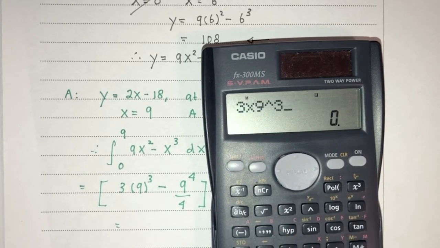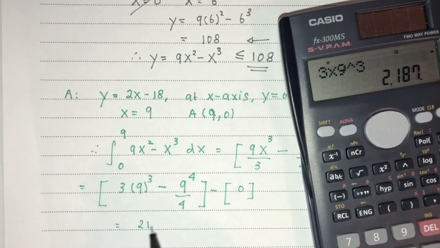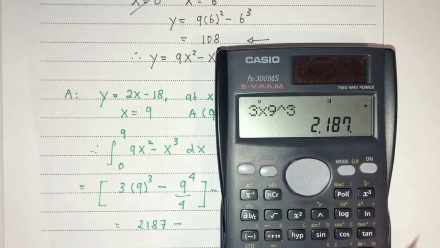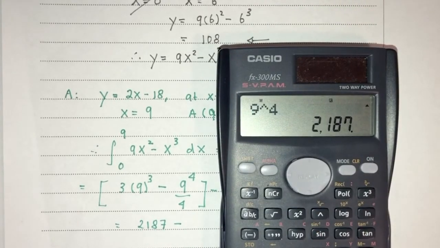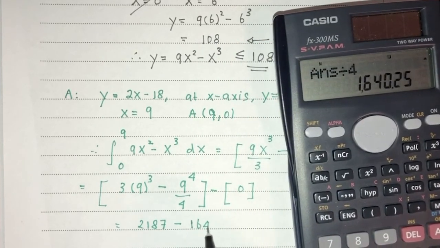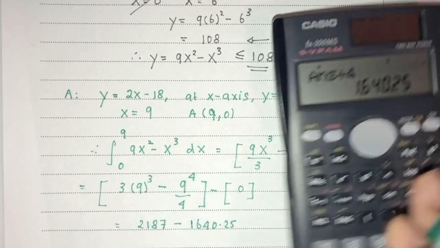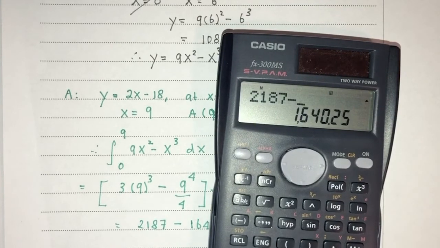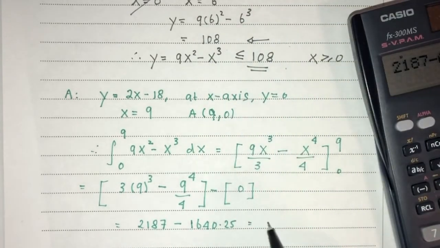Let's do one by one. The first part is 2187 minus 9 power 4 divided by 4, that should be 1640.25. So 2187 minus that answer, 546.75, that is your area of A.